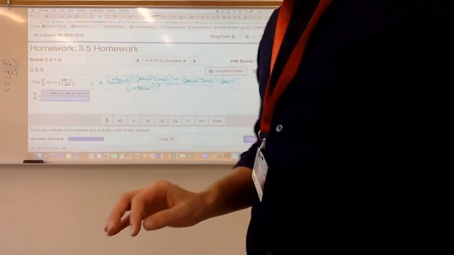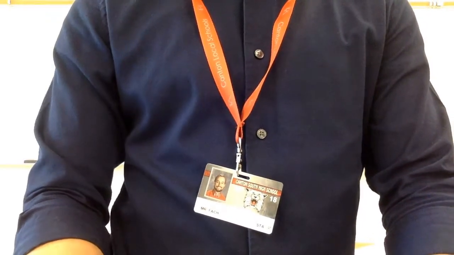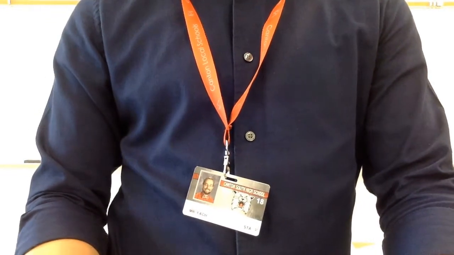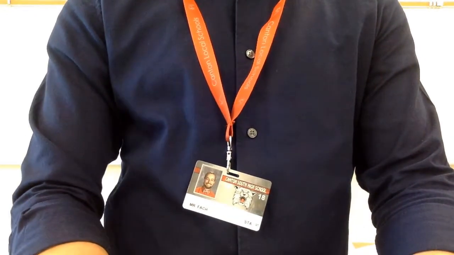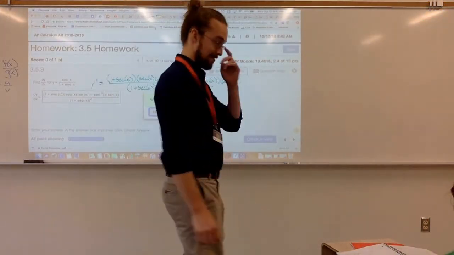So, I'm just going to make it secant squared if that's all right. Plus secant of x squared. Nice work. Seriously, what did I do wrong typing it in?